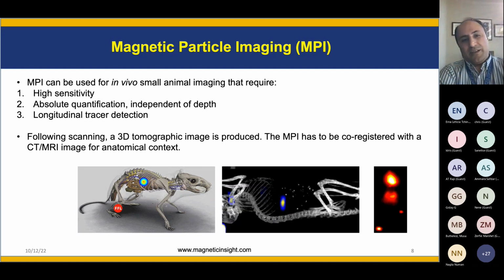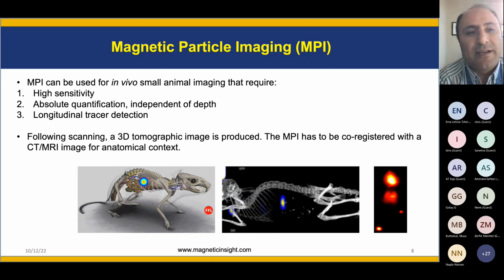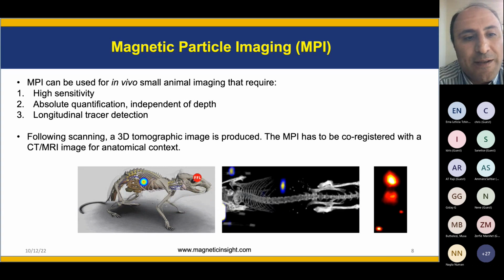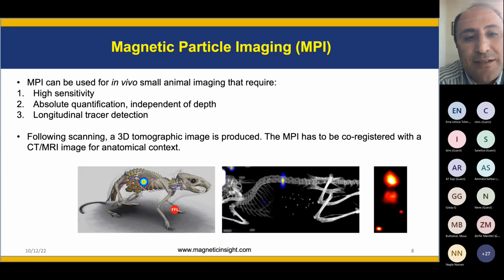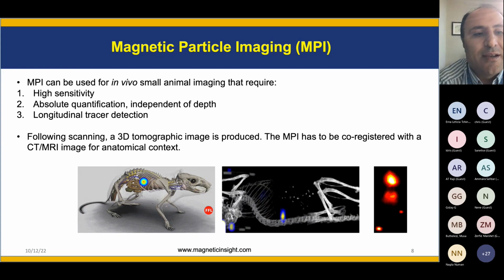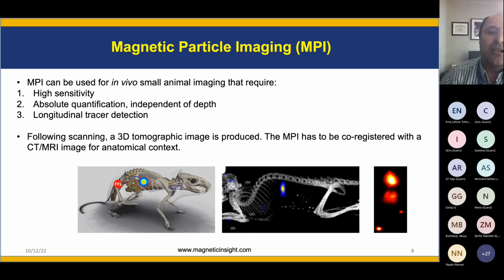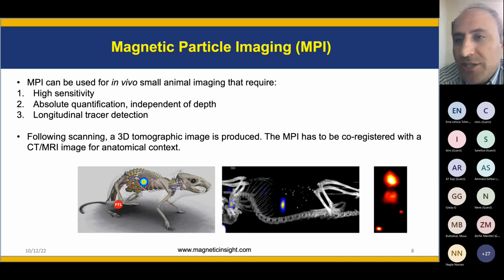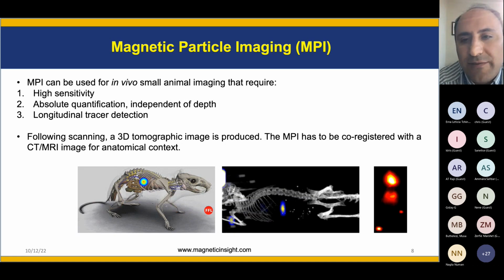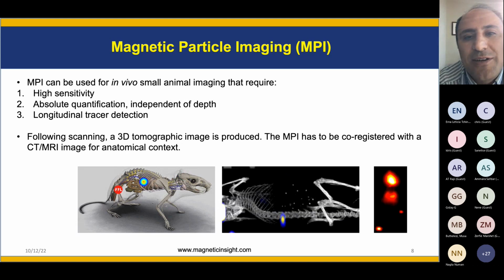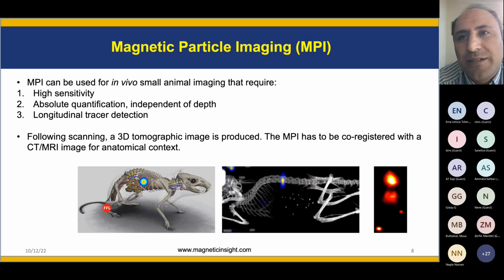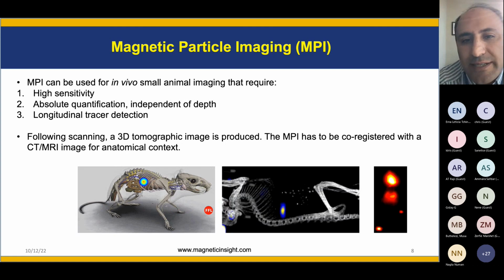So MPI can be considered an absolute quantification method, and it is independent of depth. And also we can do longitudinal tracer detection non-invasively, and it's kind of similar to what we do in nuclear medicine, like PET scans.